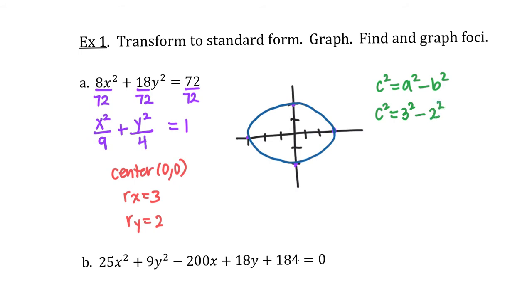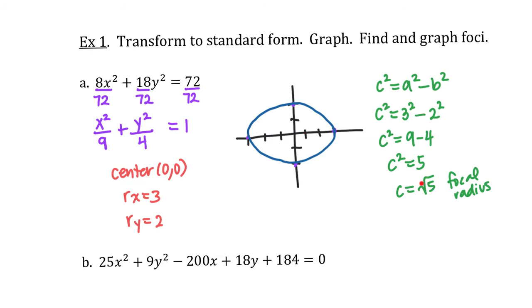And again, the main thing to keep in mind is you don't want it to be negative. So for my focal radius, I get the square root of 5. I don't care about the negative answer because the radius is a distance, which must always be positive.